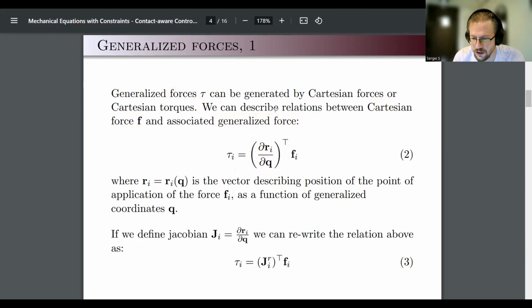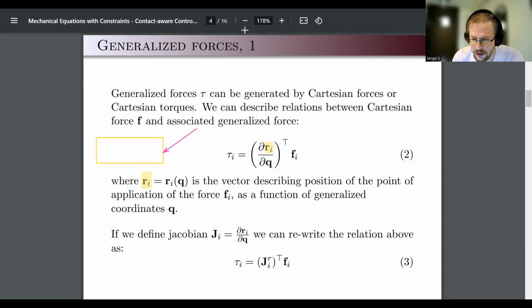Now here's a question. What is this Jacobian? Well, this Jacobian transposed, right? This Jacobian is the partial derivative of Ri, where Ri is a vector describing the position of the point of application of force Fi. So if, for example, force Fi, here's a box, I'm drawing a box, and here's a force I'm drawing applied to it.